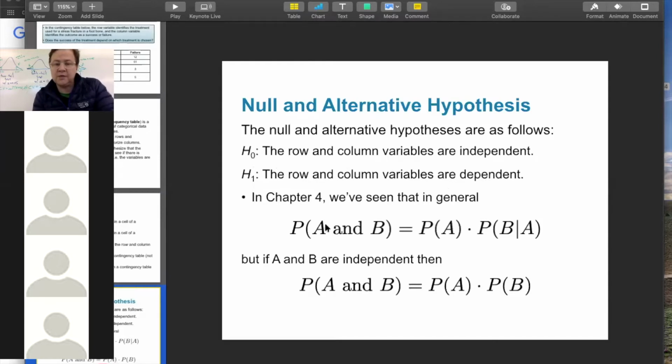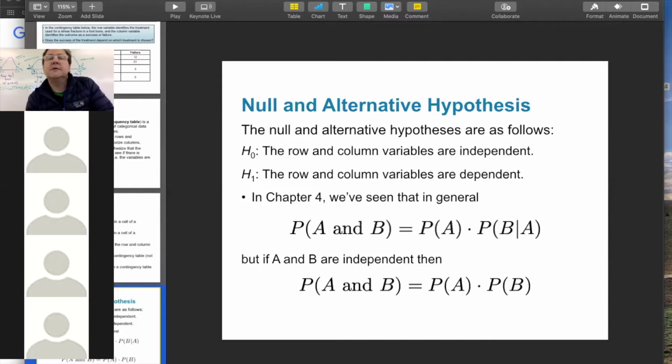Now, quick recap from chapter 4. Again, if we were having a final, I like to cover this section just because it forces us to review a lot of these things from long, long ago, like a month. So the probability of A and B, this is in your notes, is the probability of A multiplied by the probability of B given A. Now that's in general, right?